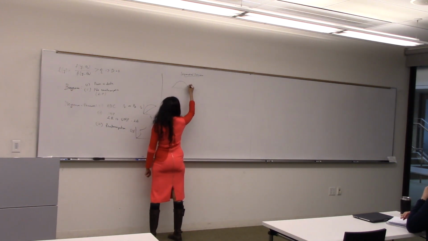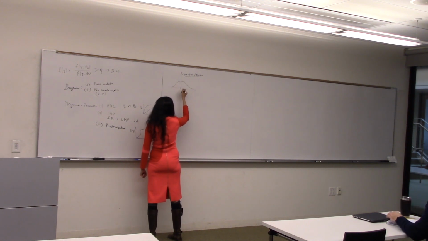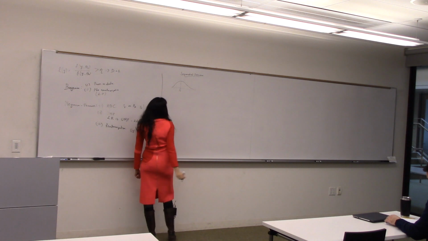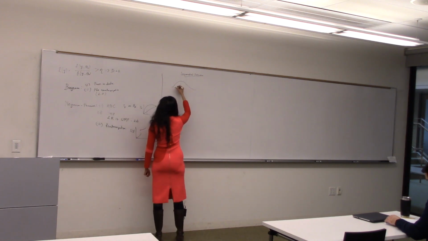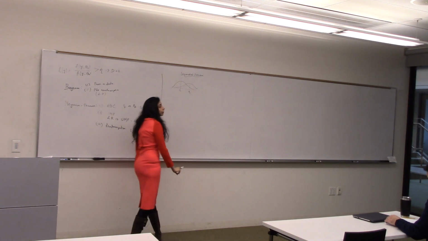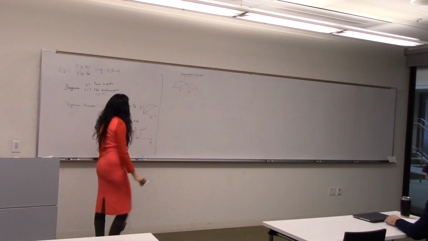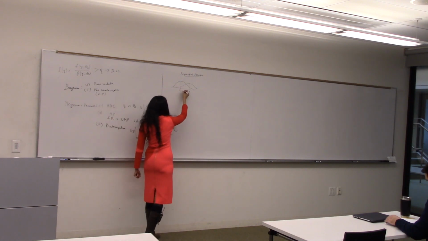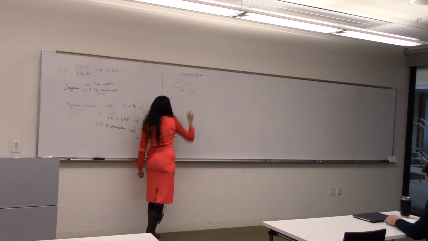Let's do this again. I have a Gaussian distribution at a certain mean, let's call it theta naught, and then another Gaussian distribution at another location, let's call it theta 1. So let's say this is 0, this is 1.